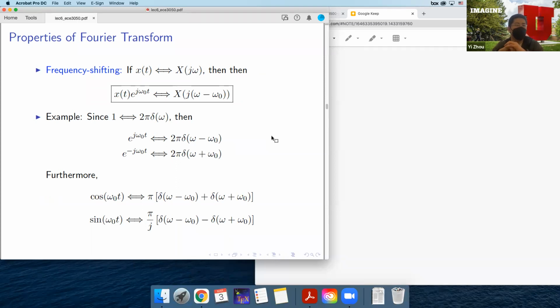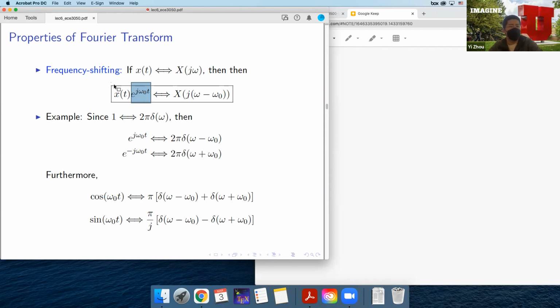On the other hand, we have this very important frequency shifting property, which says that if we modulate your time domain signal by a complex exponential signal, and by Euler's formula this is cosine omega naught t plus j sine omega naught t, so it's basically sinusoidal signals.